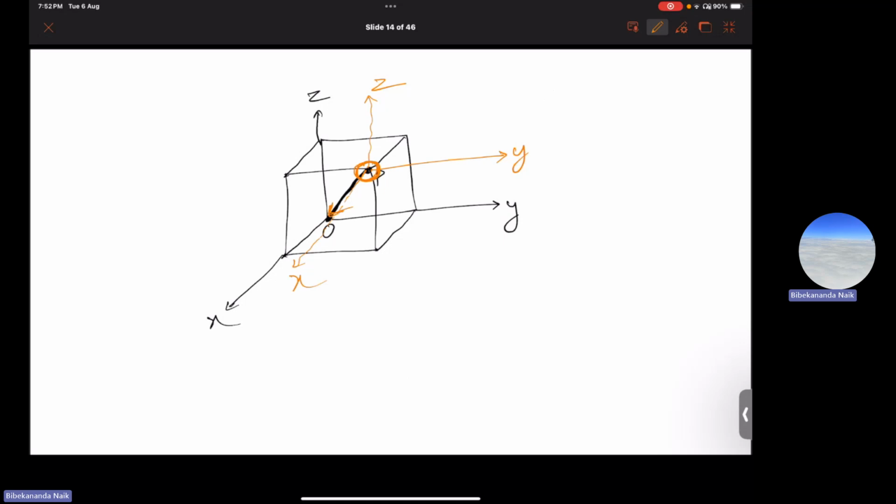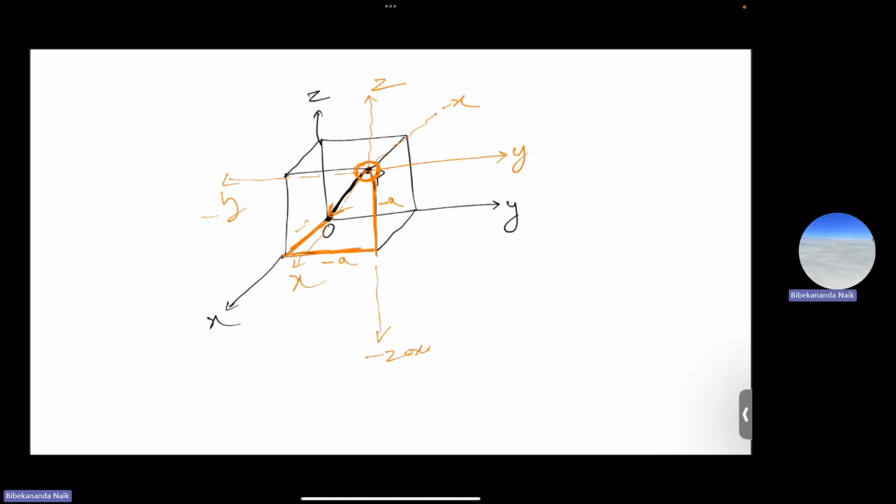If we move one point down, this will be minus A, one point along minus y axis, because this is minus y axis, this is minus z axis, and this is minus x axis. So one point down along z axis is minus a, one point towards minus y axis is minus a, and then towards minus x axis is minus a.